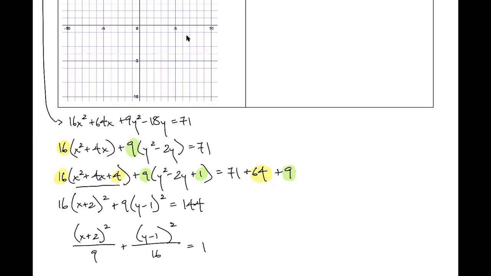I'm going to write this equation above, so we don't have to keep scrolling down to do all of our graphing, okay? But we should get (x + 2)² divided by 9 plus (y − 1)² over 16 equals 1.